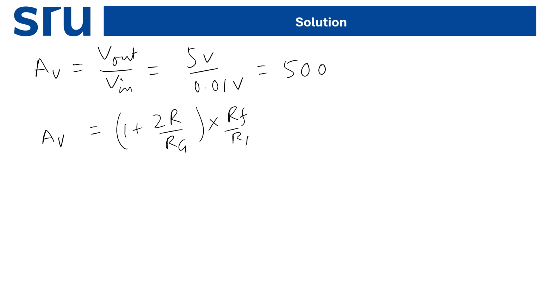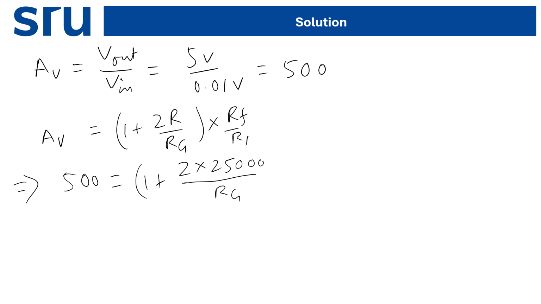So this will imply that 500 is equal to 1 plus 2 into 25,000 divided by Rg, multiplied by 2.